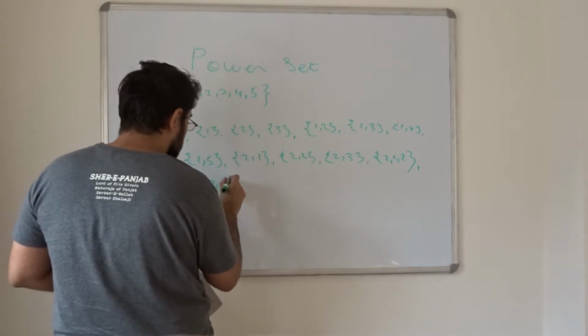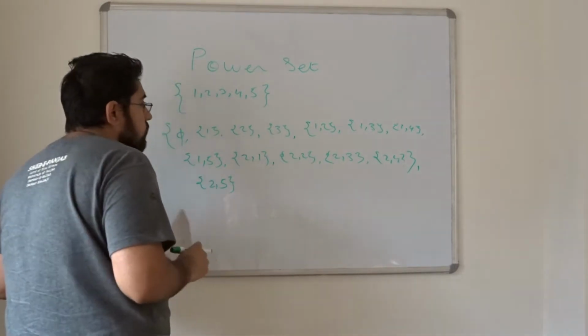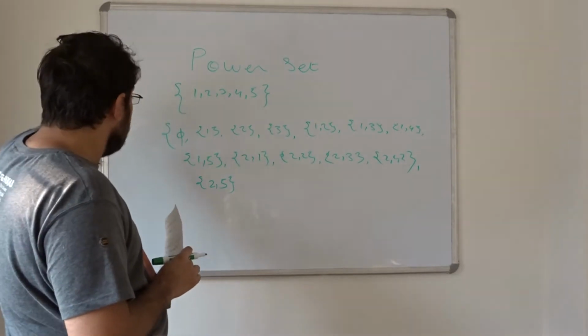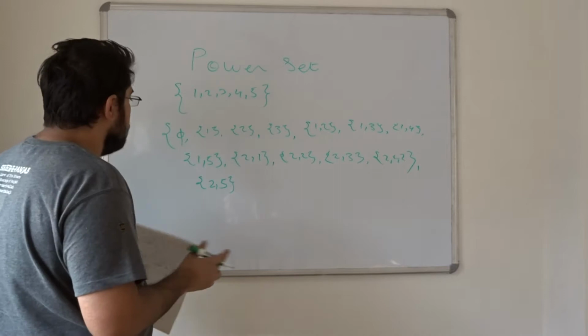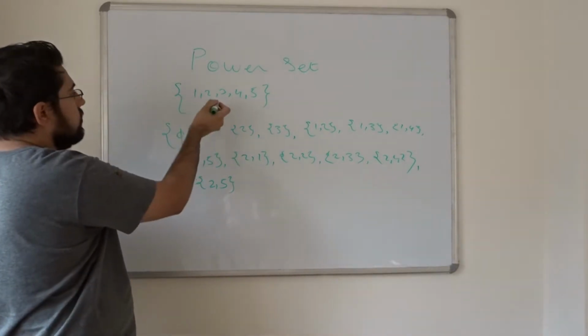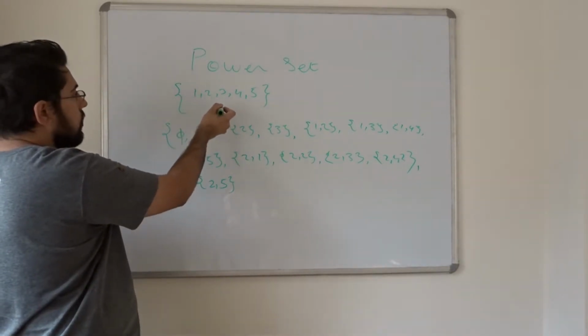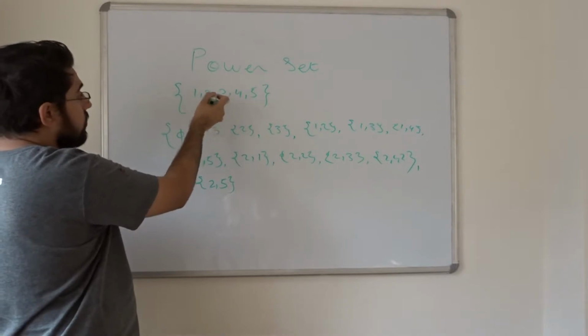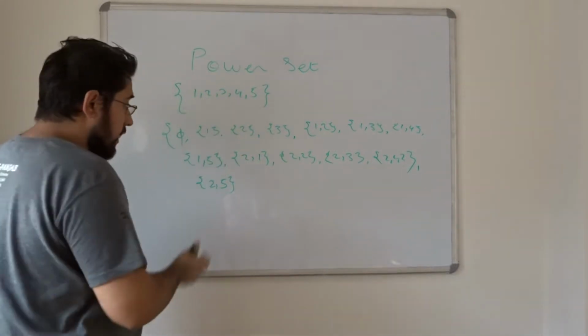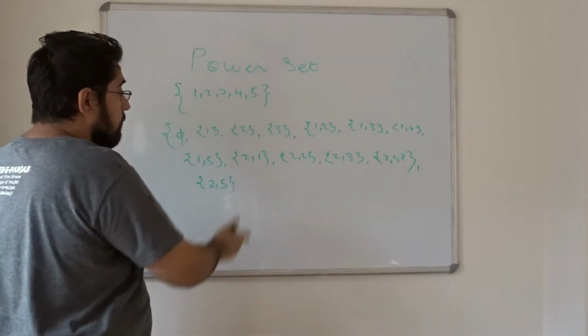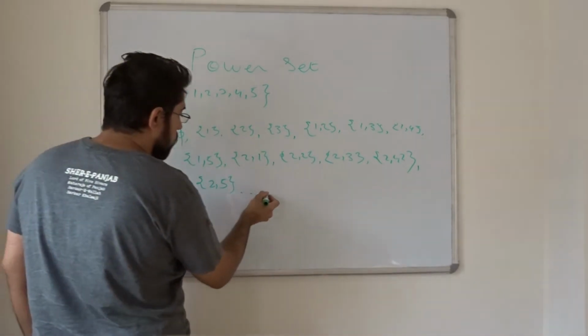So basically the thing is, guys, now you have 2, 5, then the same cycle starts again. 3, 1, 3, 2, 3, 3, 3, 4, 3, 5, and then 4, 1. So it goes in that pattern, okay?